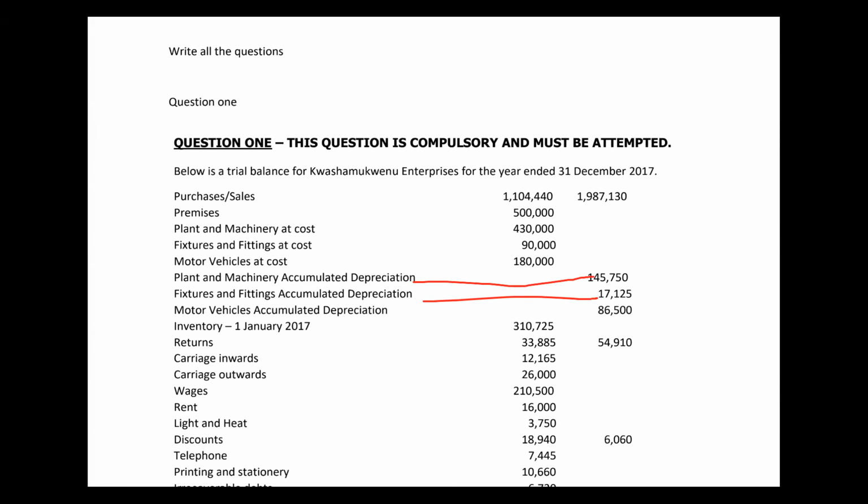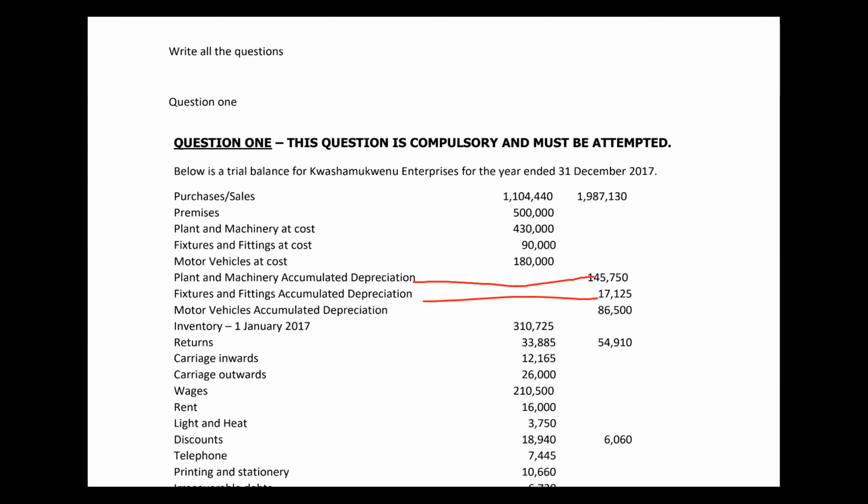This one is a depreciation from the previous periods, if you might like. Like from the time the asset was bought, right? Up to the 1st January. How much value had been lost by these machines or these assets?